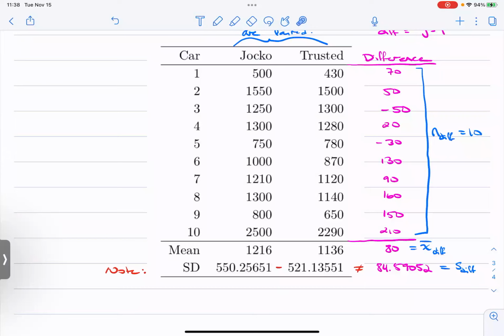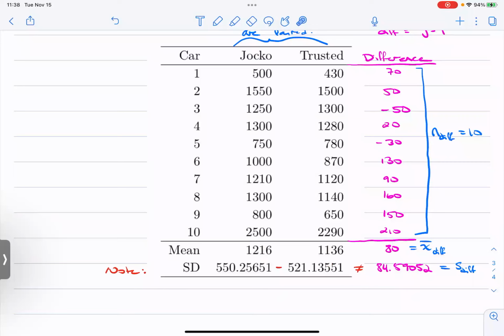So one way to quickly recognize a paired samples question is if you're given information about the differences, the mean and the standard deviation of the differences. I will often also give you information about the two original samples. That's not a decoy. It would just be weird to not give all the information about all the samples, as well as the differences.